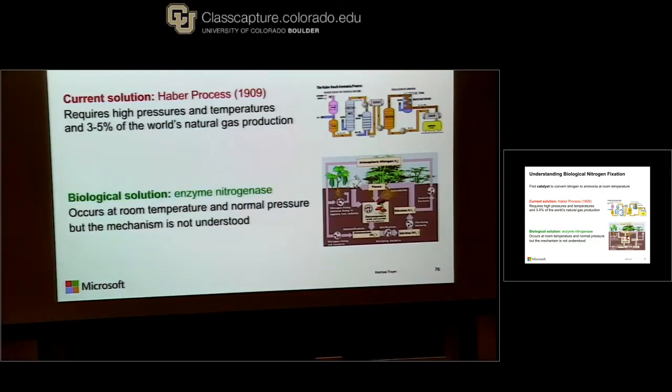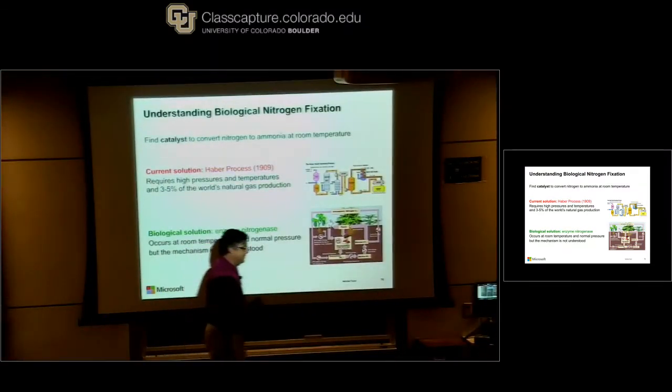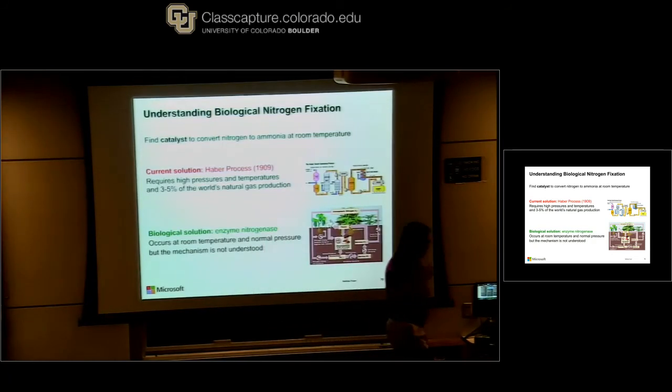And we looked for something that people would like to solve, and that was the problem of biological nitrogen fixation. Most of the fertilizer is based on ammonia, and ammonia you make from nitrogen with hydrogen. Just by saying you take nitrogen, you break up the triple bond, you attach 3 hydrogens to it, and you have ammonia. And for that you have to break up this strong triple bond.